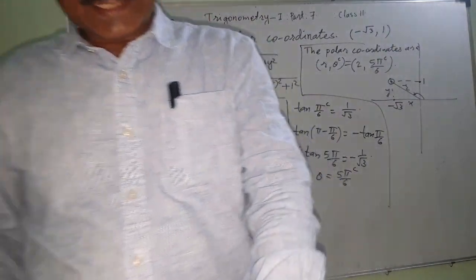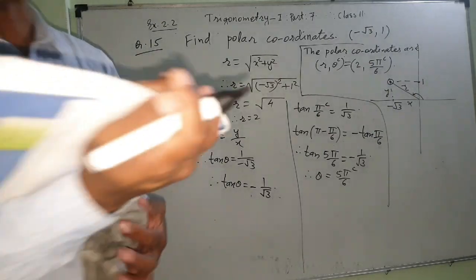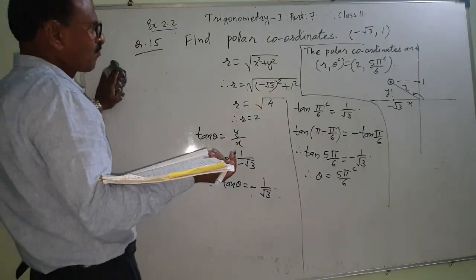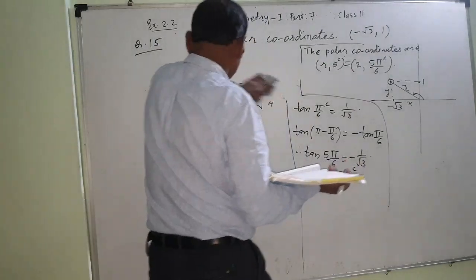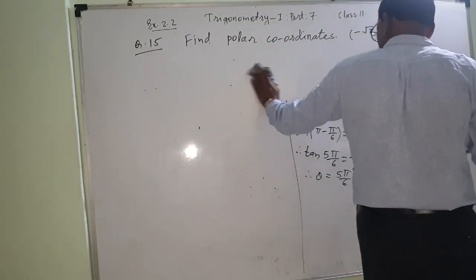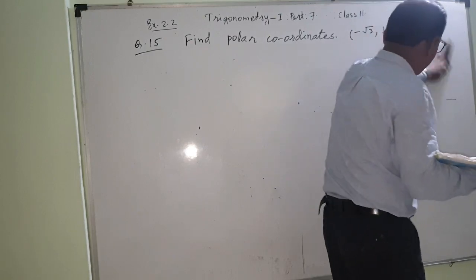If you want to take the screenshot, take it immediately. I am going to rub this and I will give you some other questions as homework. From the same question, some questions I am giving you for the homework.